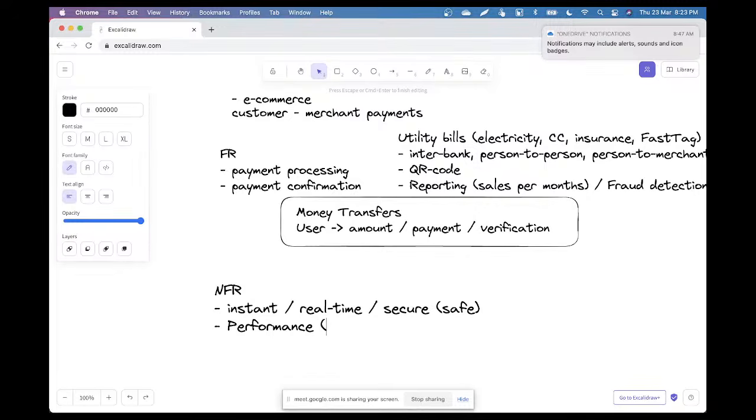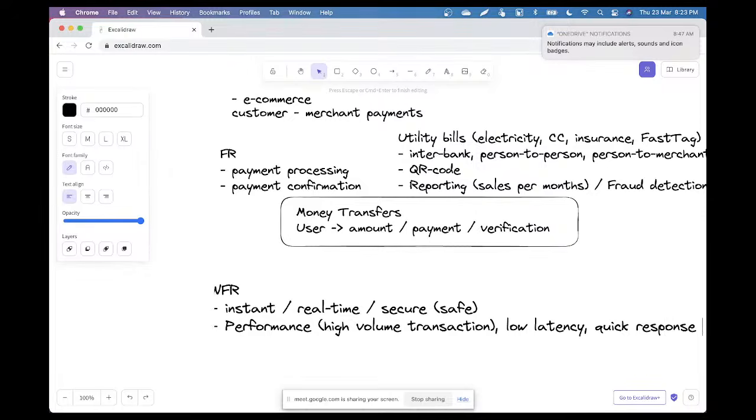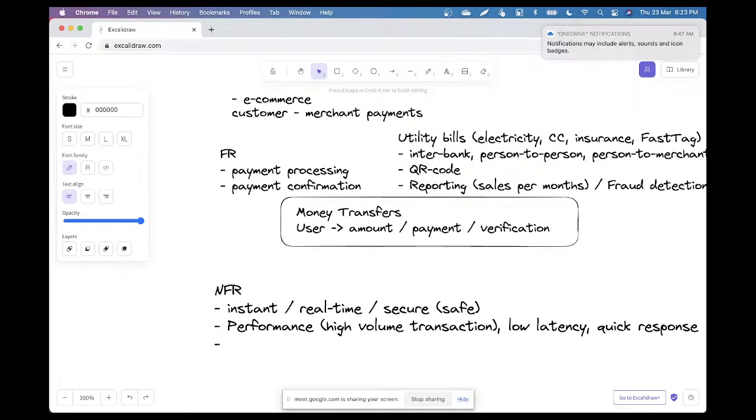So you need to be able to perform a high volume of transactions, and it should be fast even if the volume is high. By fast I mean low latency, and quick response and feedback should be provided to the user. Next, what we need is scalability. So you will have to scale up and down based on how many users are on your platform.